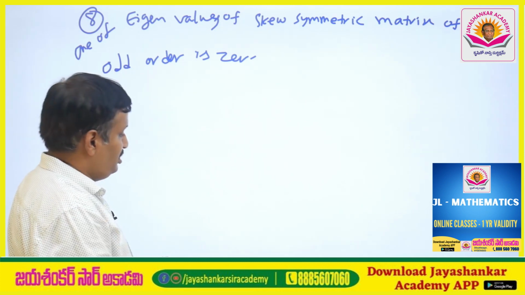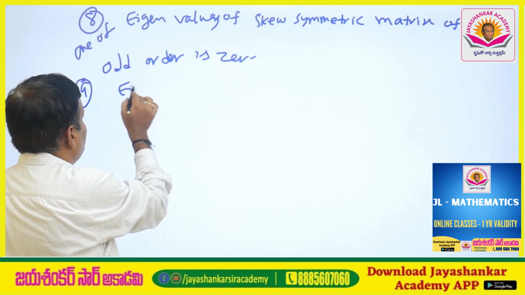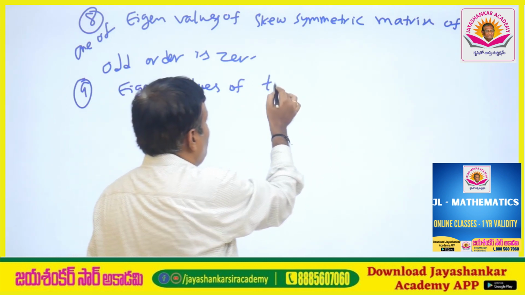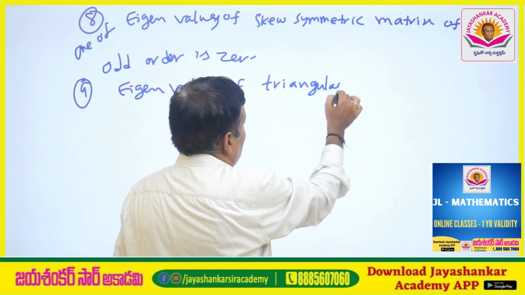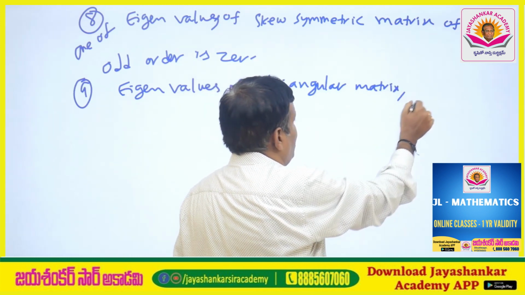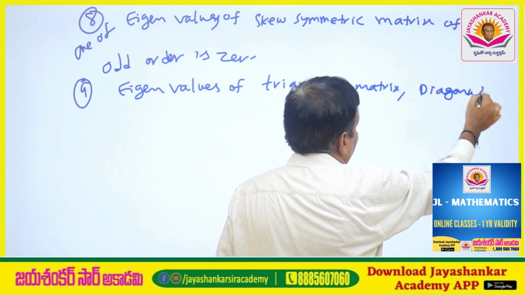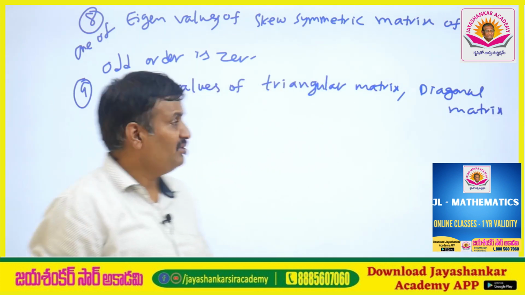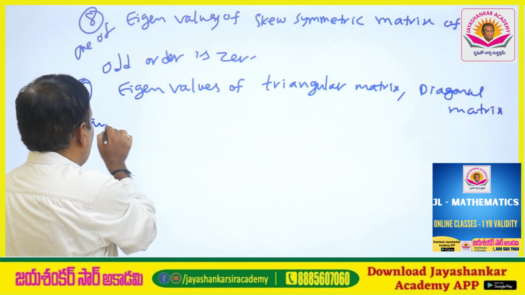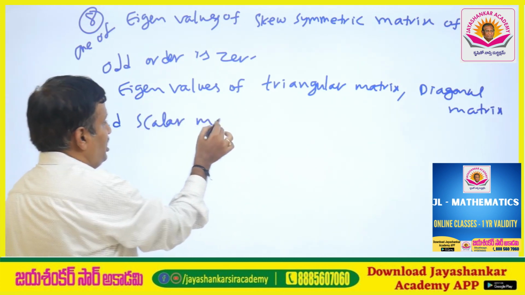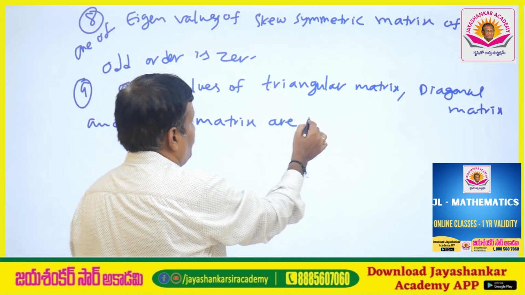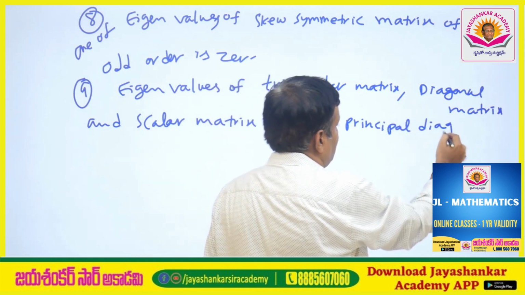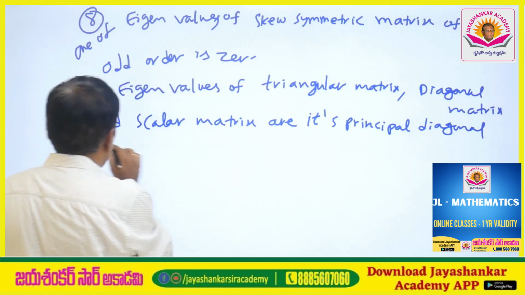Coming to the ninth one, eigenvalues of a triangular matrix, diagonal matrix and scalar matrix are their principal diagonal elements.